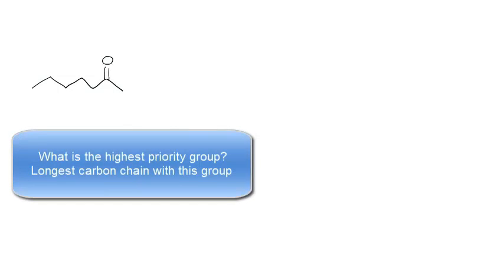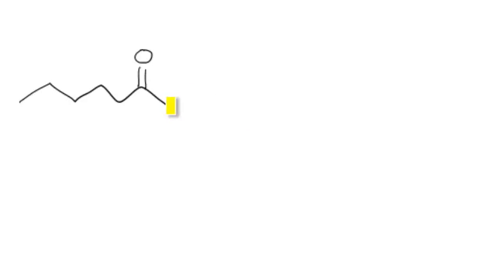Our highest priority group here is the carbonyl ketone. The longest continuous carbon chain that includes that carbonyl carbon is 1, 2, 3, 4, 5, 6, 7 carbons long, as highlighted in yellow.